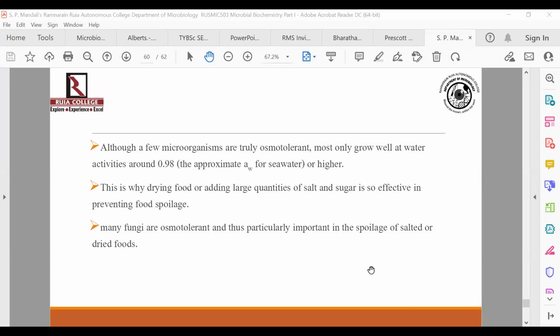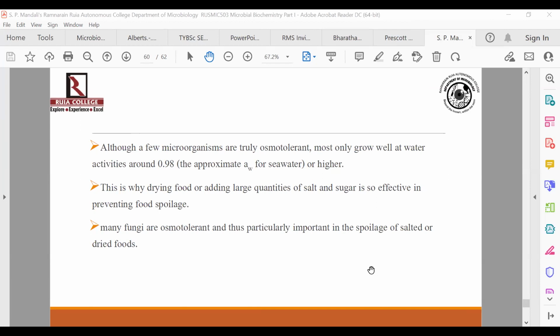As I said, most microorganisms need water activity close to 0.98 or higher. If it is lower than that, it's going to be slightly difficult for other organisms to grow, but fungi surely can tolerate it very well.